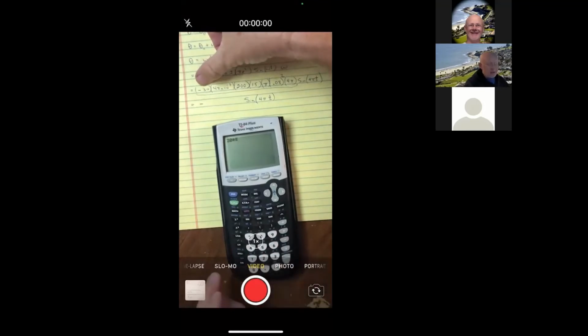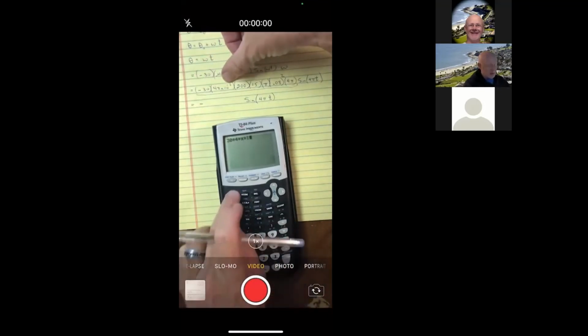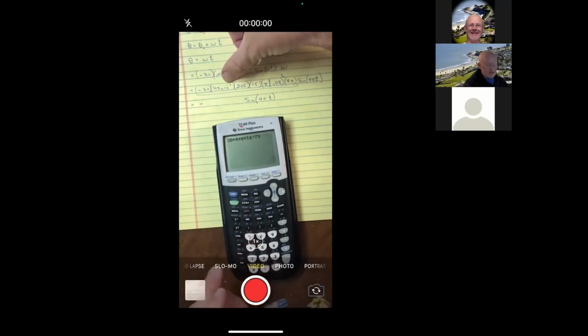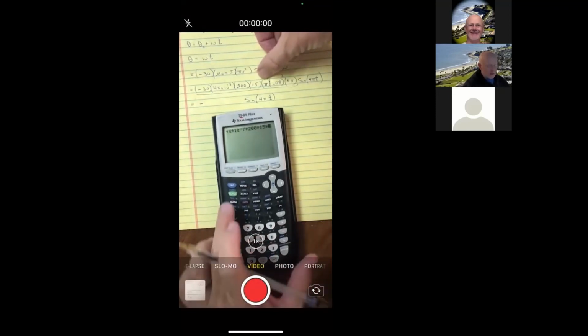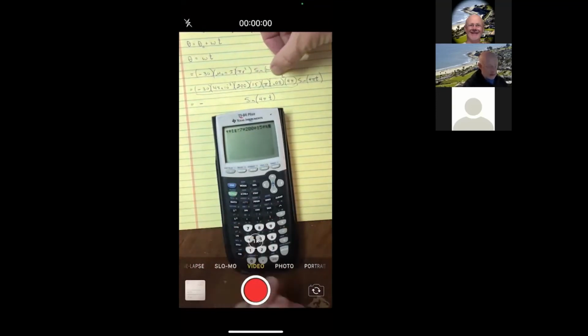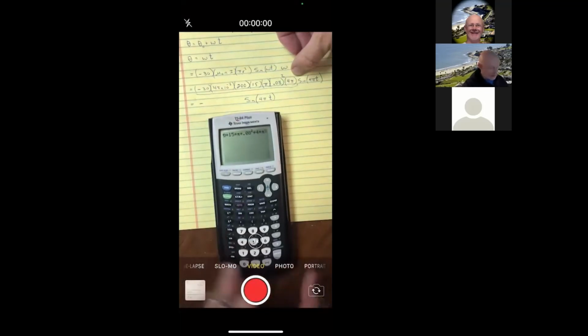Here's 30 times 4 times pi times 1 times 10 to the negative 7 times 200 times 15 times another pi times 0.08 squared times 4 times another pi. And I think that's it.